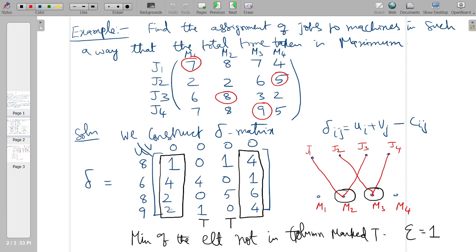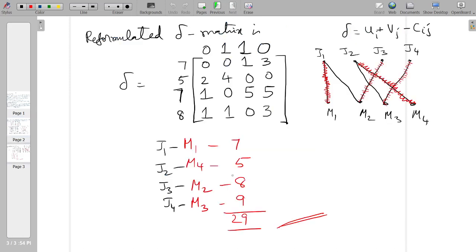Now you take the elements which do not belong to R or T. Select the minimum, call it epsilon, add the epsilon value to the column values of V where you have marked T, and subtract epsilon from the elements of U that do not belong to R. Then again recalculate the delta values and continue this process till you are able to find a matching of one job to one machine. So we have solved this particular problem.